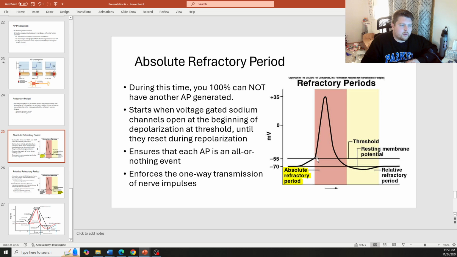At threshold, around negative 55, is when they open, and then they close up here at the top. They don't reset until they get back down under threshold. So the voltage-gated sodium channels are not even available to create another action potential until they fully reset all the way down here. So nothing is going to happen here in the absolute refractory period window.